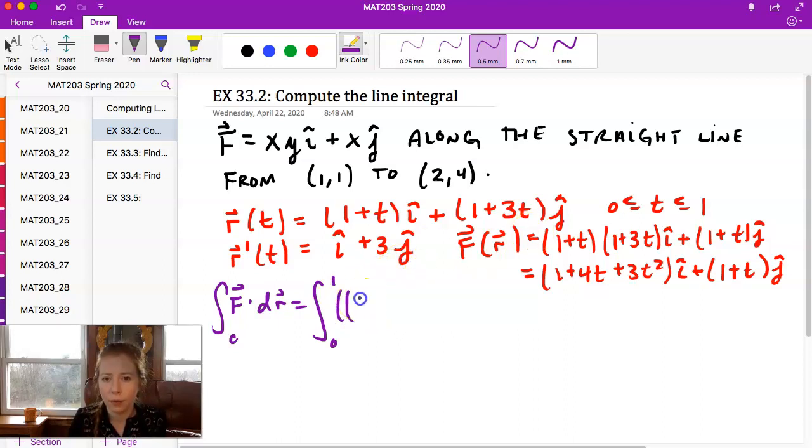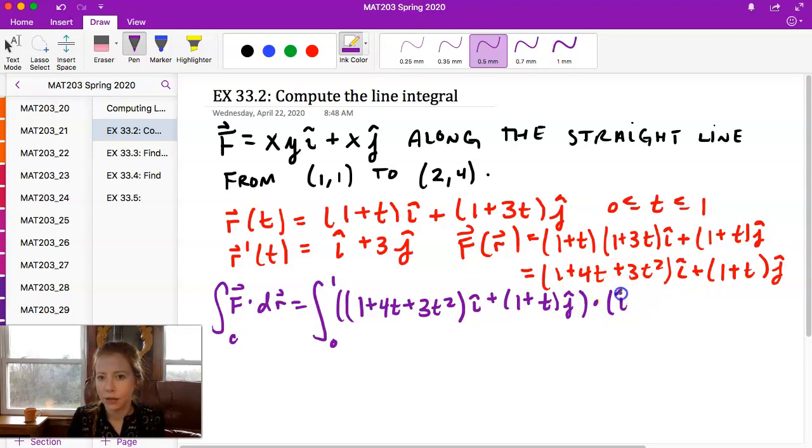And so we have 1 plus 4t plus 3t squared i hat plus 1 plus t j hat dotted with i hat plus 3j hat dt.